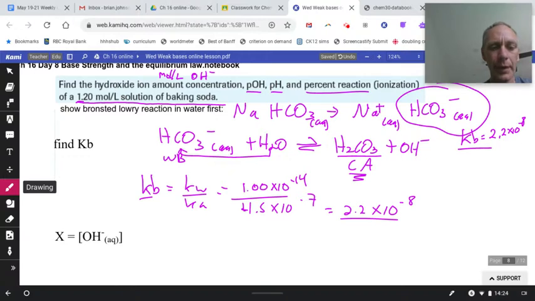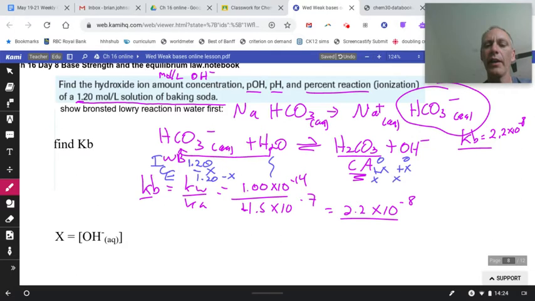Okay, I could set up an ice table, ICE, and we would be starting off with 1.20, 0, 0, we're going to lose x, gain x, 1.20 minus x, x. Now that's really messy, and the reason I only squeeze that in there is just to show you where the shortcut is coming from.